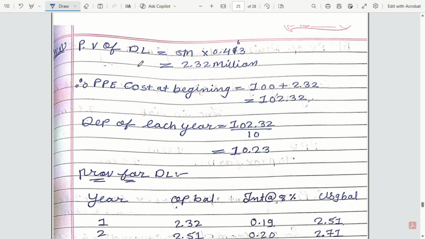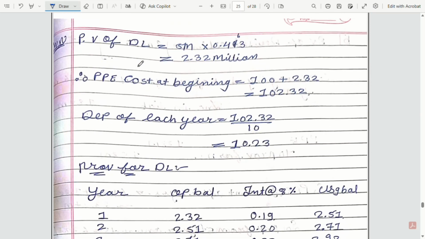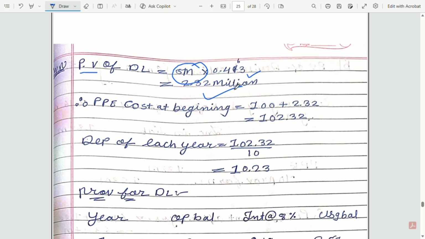We are going to begin with the workings which I have made. So first we are going to do the PV of decommissioning liability. The 5 million we have to incur after 10 years, so we will bring it to PV and find out its present value, okay. After finding the present value, what will our PPE cost be, 100 million plus present value of decommissioning liability.